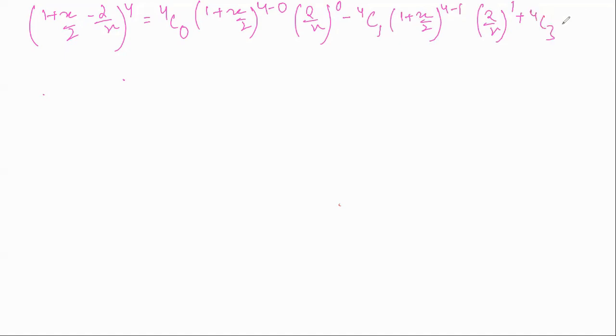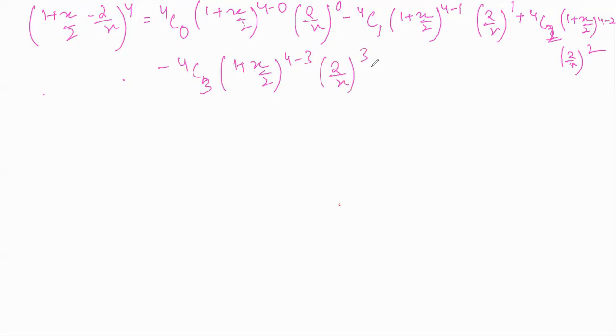Then the third term, 4C2 (1 + x/2) raised to the power 4 minus 2 and (2/x) raised to the power 2. Then the fourth term negative, 4C3 (1 + x/2) raised to 4 minus 3 and (2/x) raised to the power 3. Then 4C4 (1 + x/2) raised to 4 minus 4 and (2/x) raised to the power 4.